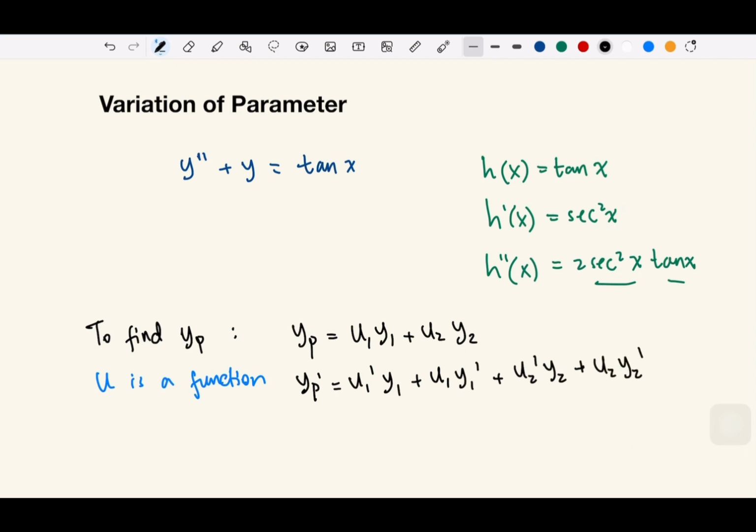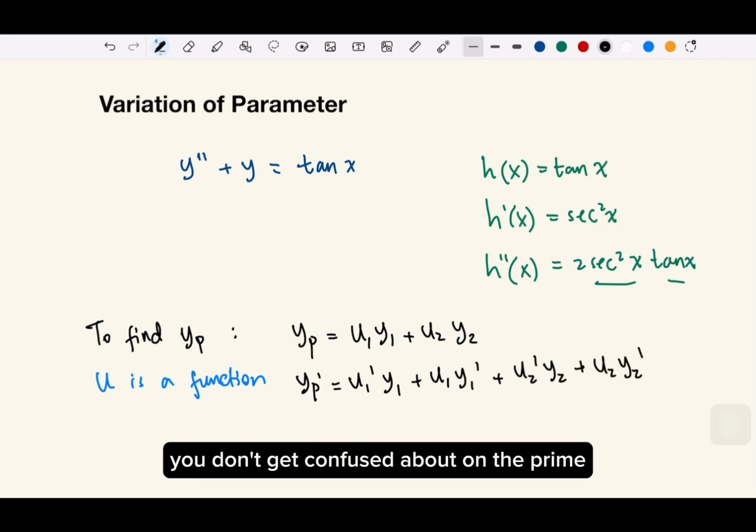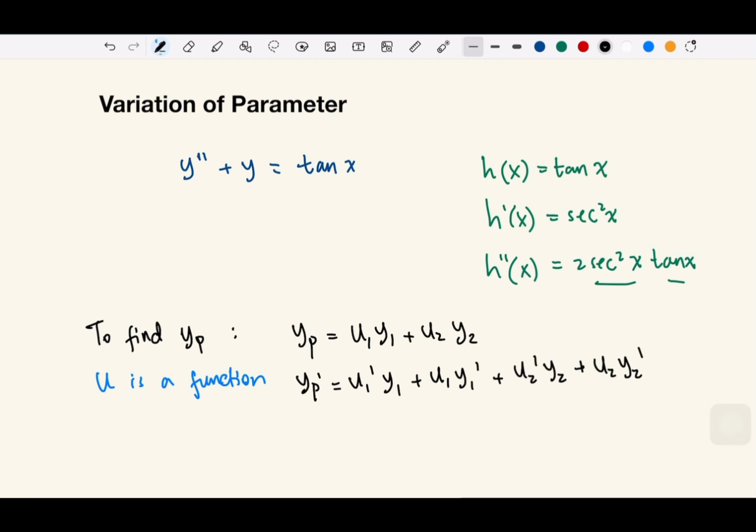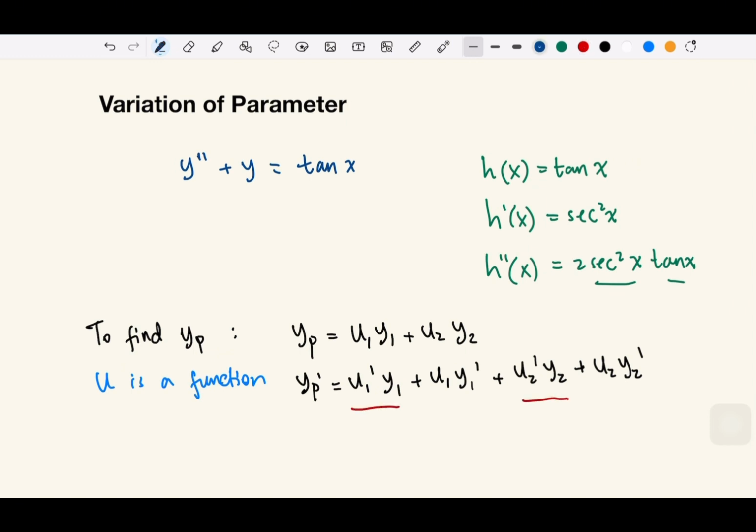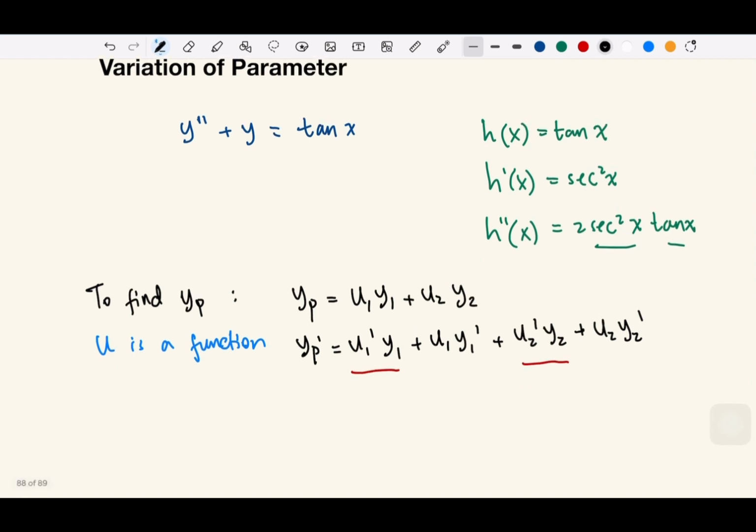I hope you don't get confused about the prime, which means the derivative from the product rule. I will combine this and this. So yp prime.